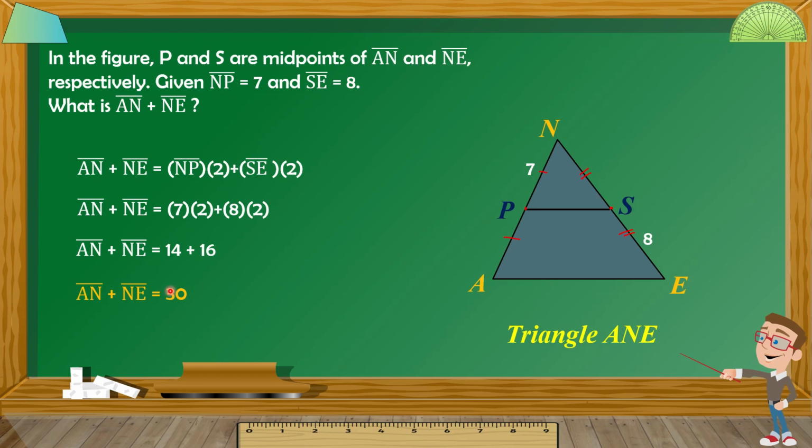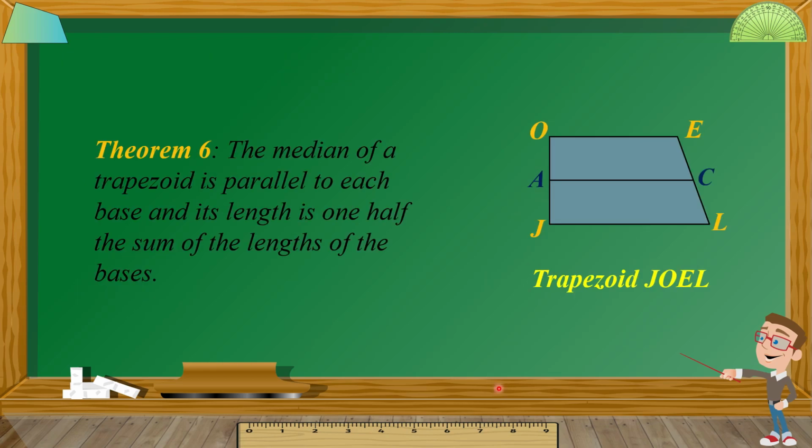Theorem number 6. The median of a trapezoid is parallel to each base and its length is 1/2 the sum of the lengths of the bases. So, based dito sa theorem na ito, yung median daw natin, parallel siya dito sa mga bases.